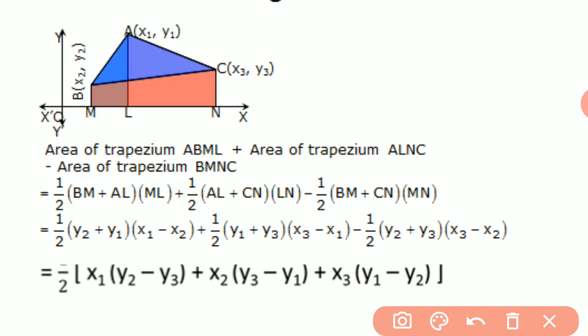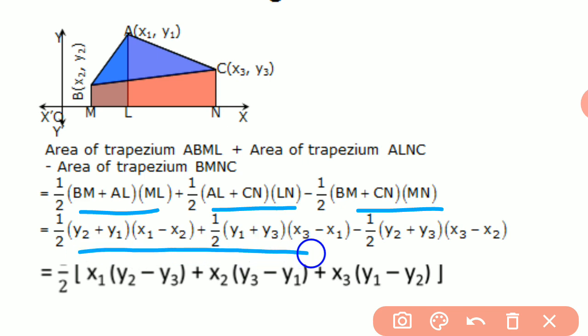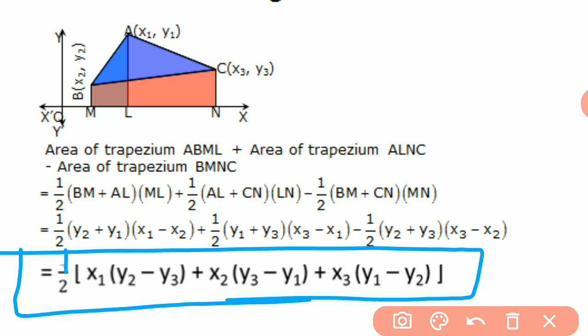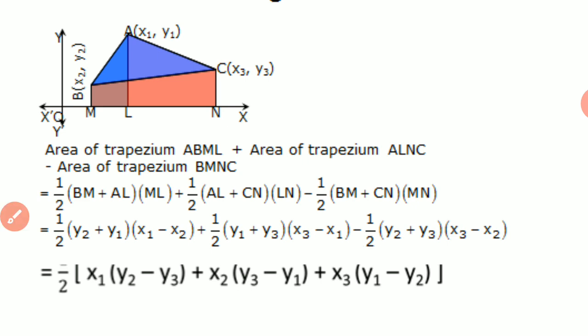Using the formula of a trapezium, sum of parallel sides into distance between them upon 2, we will write all three trapeziums, and after simplification we will get the final result: area of triangle equals half of x1(y2 minus y3) plus x2(y3 minus y1) plus x3(y1 minus y2). Using this formula we can find the area of a triangle. Thank you.